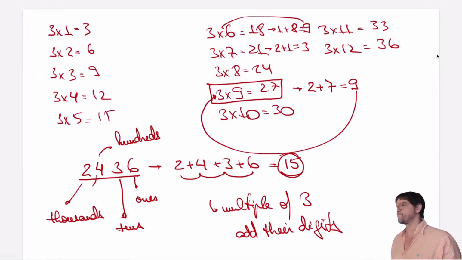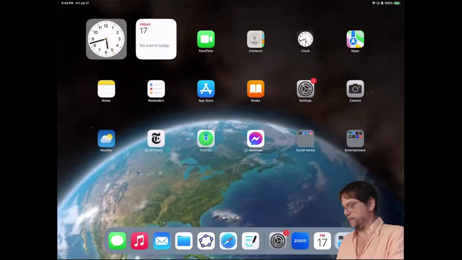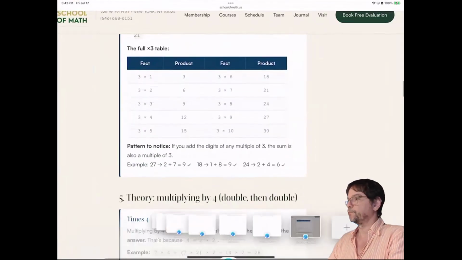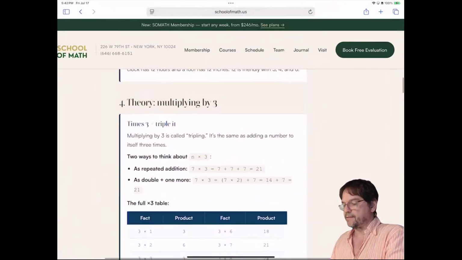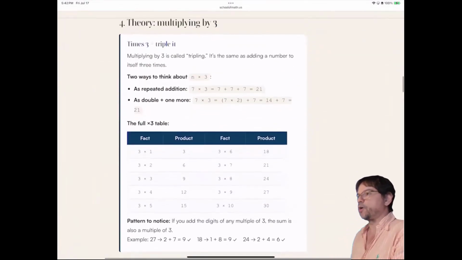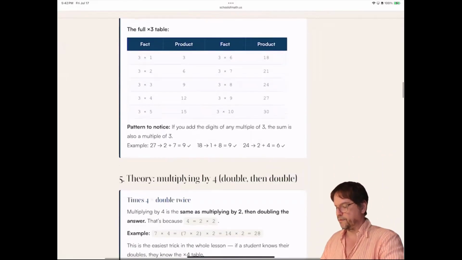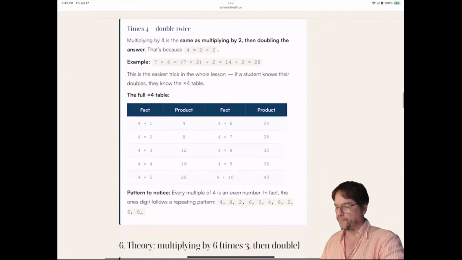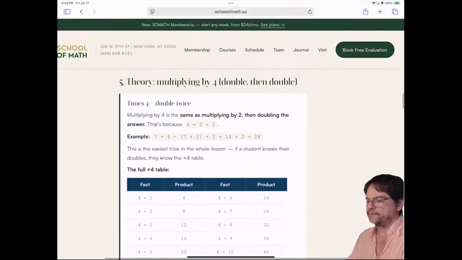Did you know that? Do you remember that, or did you never have it? This is a very good shortcut for your mental calculations. Okay, this is a property of multiples of 3. We just did times 4.